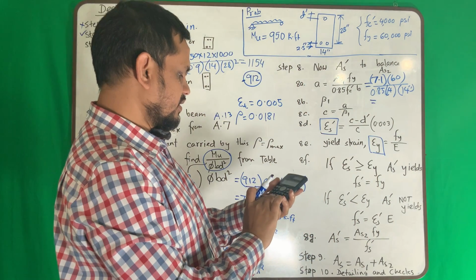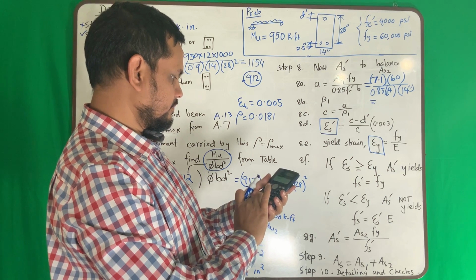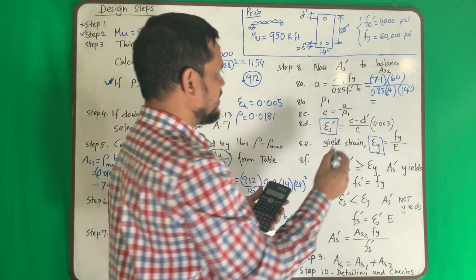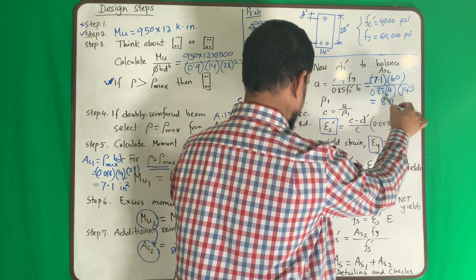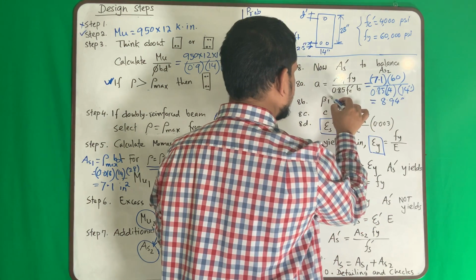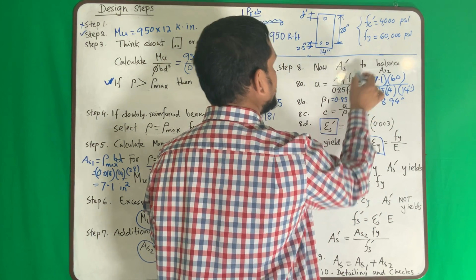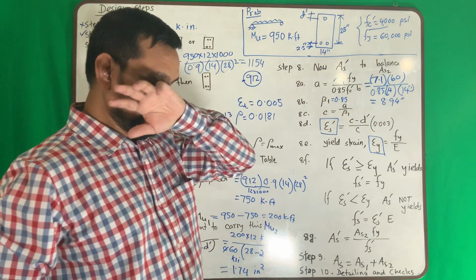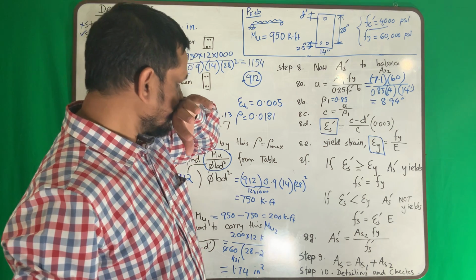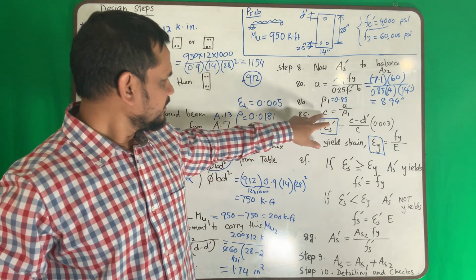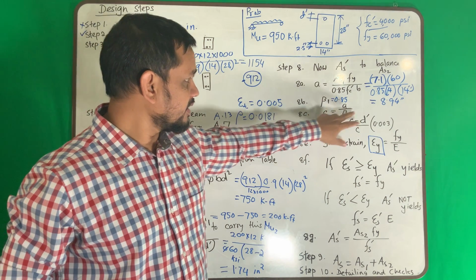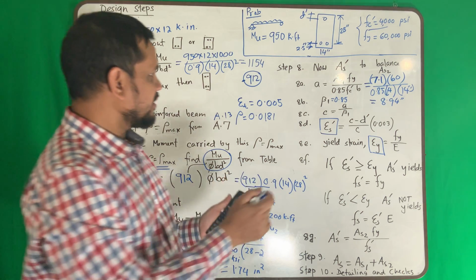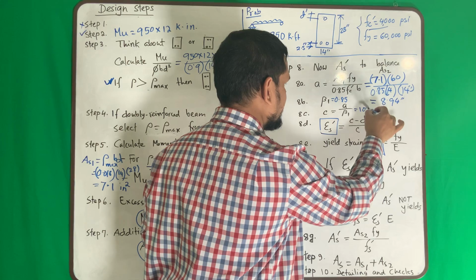If I solve it now, I got 8.94 inch. What is beta 1? Beta 1 is 0.85. We know for F prime C, for 4 KSI, beta 1 is 0.85. Then what is C? C is A over beta 1. A is 8.94 divided by 0.85. So I got 10.5 inch.